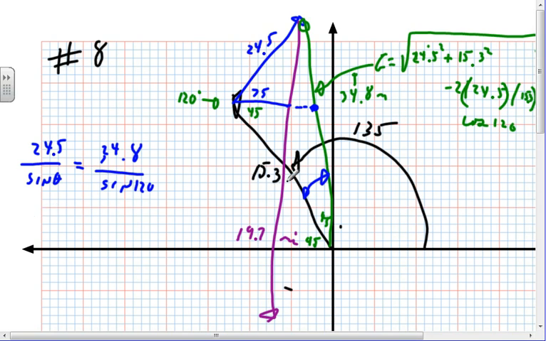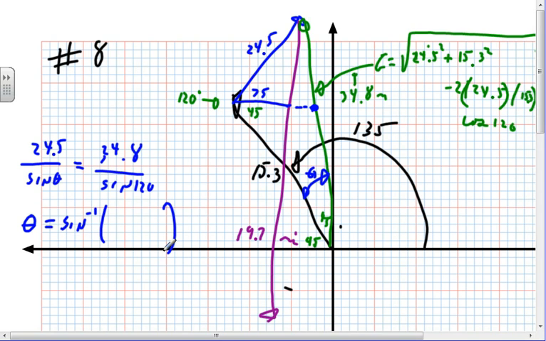So theta is arc sine of 24.5 divided by 34.8 times the sine of 120.